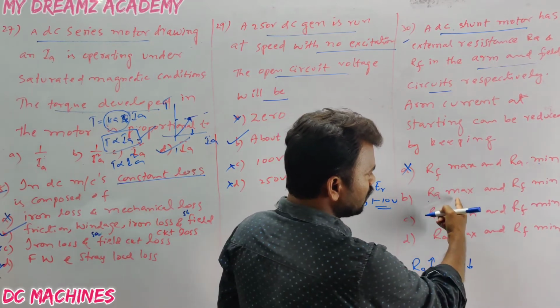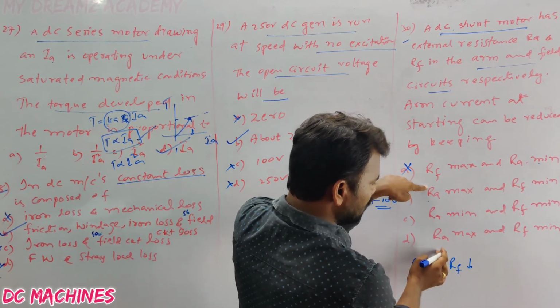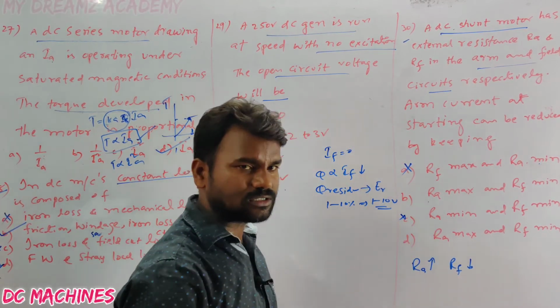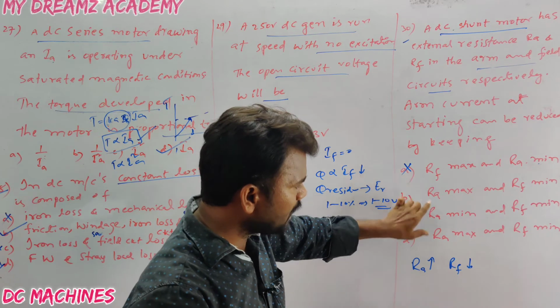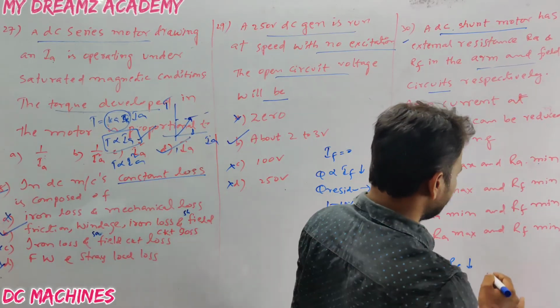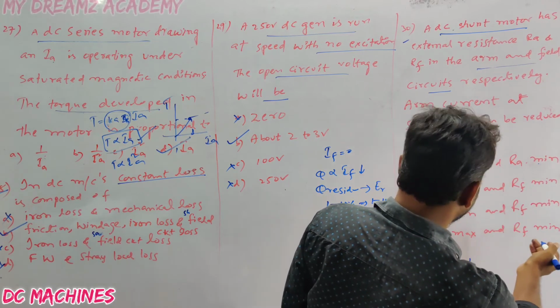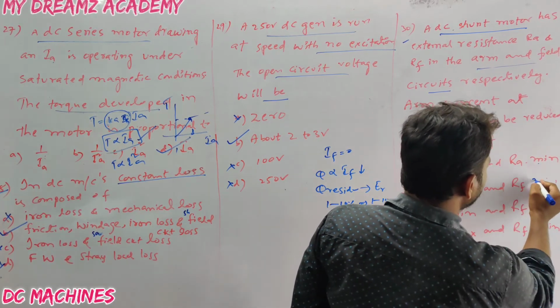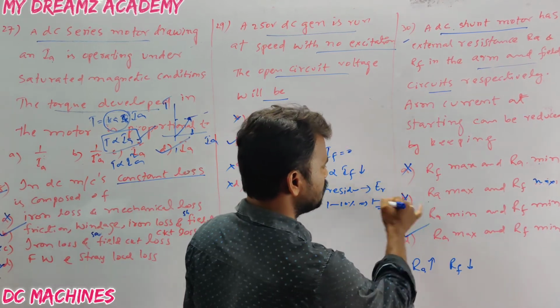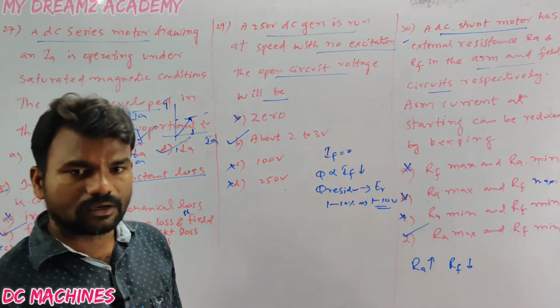Where armature resistance alone is maximum, these two are the right answers. A and C are the wrong answers. So RA is maximum and RF is minimum. So the answer is D. Right, thank you.